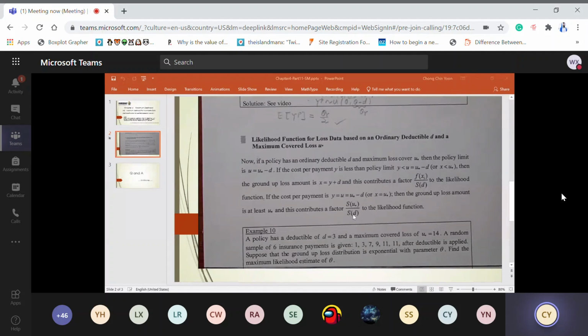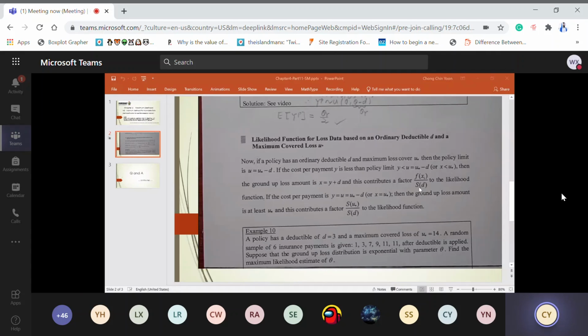If you have just policy limits, then you just take this survival. If you learn also the policy limit, that is the survival at the policy limit divided by the survival at D. Today we have learned only this maximum covered loss.